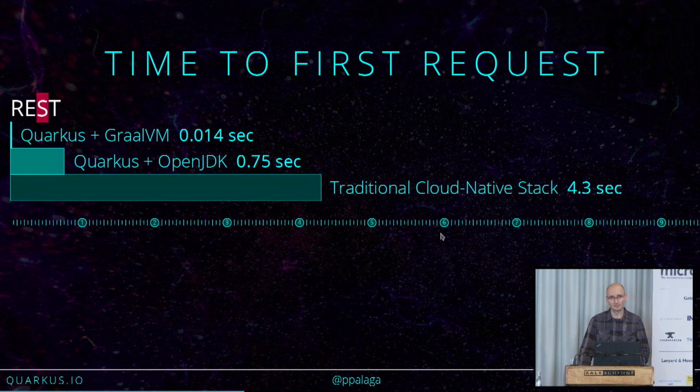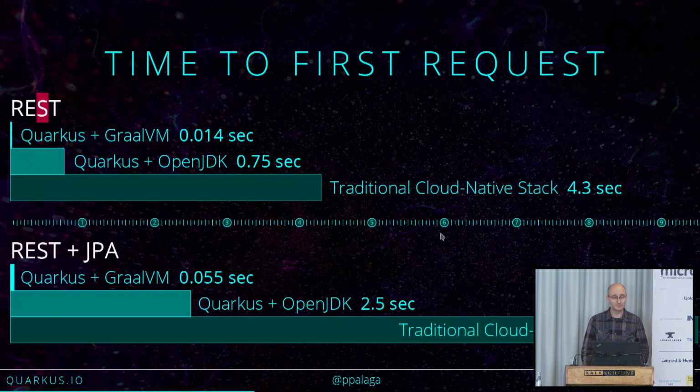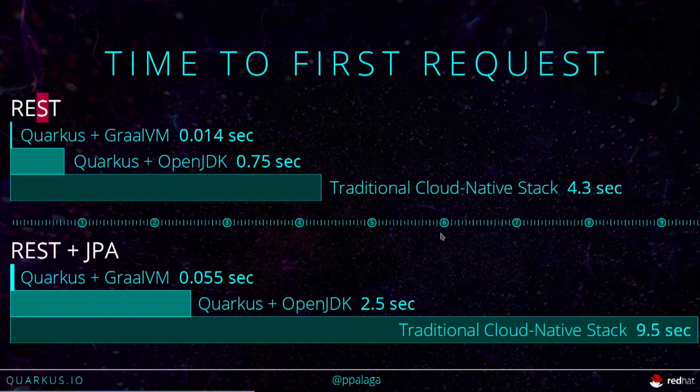You certainly know these numbers. Either it's Wildfly or Spring Boot. Again, when we add JPA to the picture, it becomes slower, but it's still 55 milliseconds and about 2.5 seconds. And how many seconds on Wildfly or Spring Boot, you know yourself. Okay?